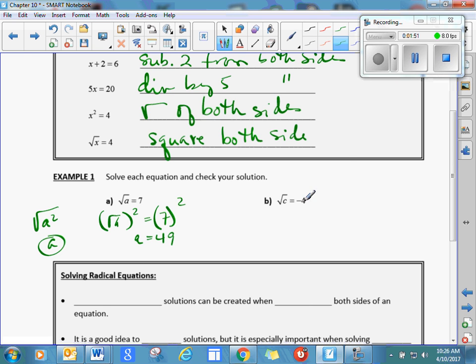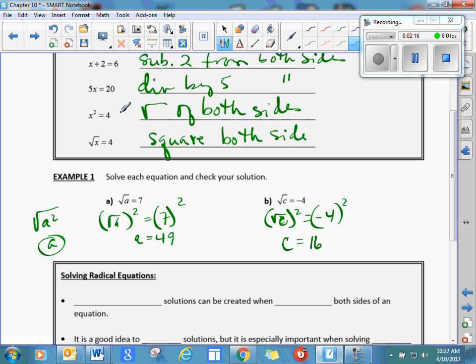The second example, the radical sign is alone. We're going to square both sides. So I'm going to square, whoops, that's a C, square it and square it, and I get C alone is equal to 16. Now at this point, I forgot to say something.